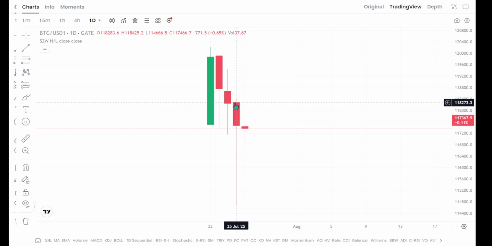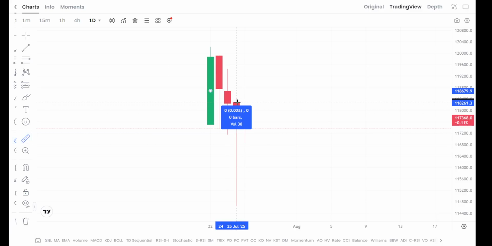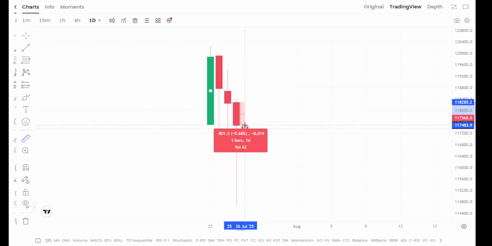The next day, the market price of Bitcoin went down again. The market price of Bitcoin in the form of USD1 opened at 1,18,297.2 USD1, and the market price went down and closed at 1,17,471.9 USD1.